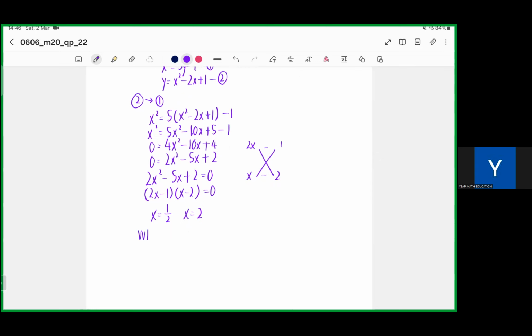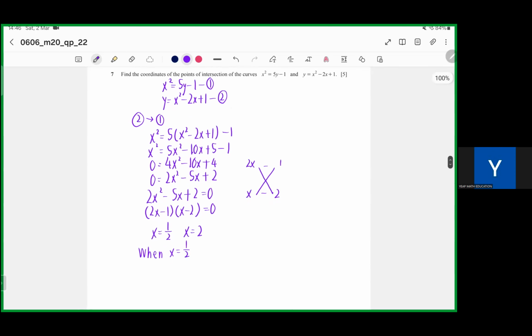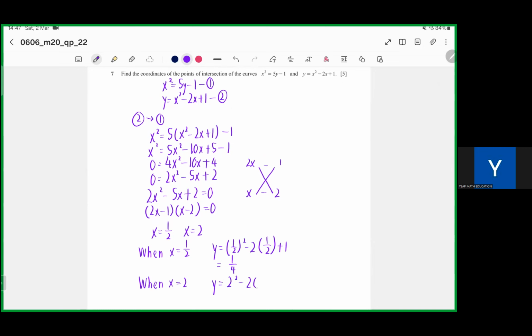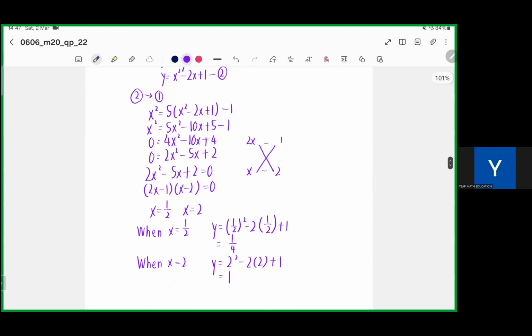When x equals 1 over 2, I take the second equation, and y equals 1.